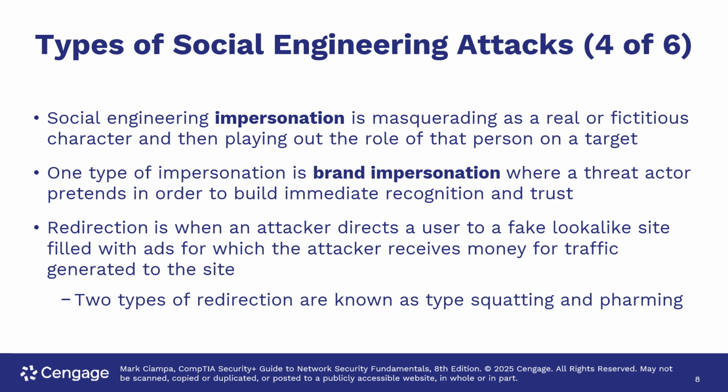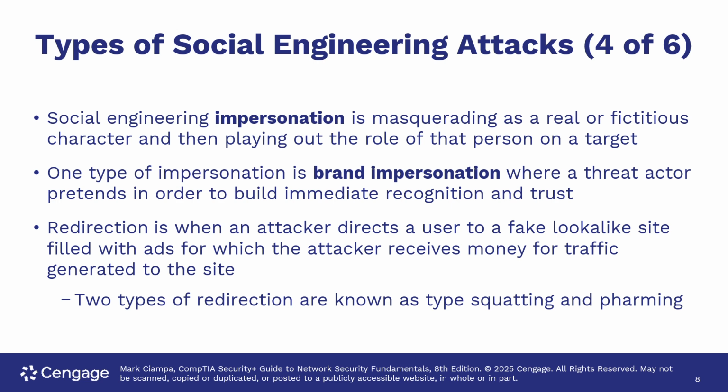Social engineering impersonation is masquerading as a real or fictitious character and then playing out the role of that person on a target. Maybe you might get an email that looks like it's coming from your bank, or PayPal, or eBay, or Amazon, or your credit card company. This is where we get to the next one, where this type of impersonation is called brand impersonation.